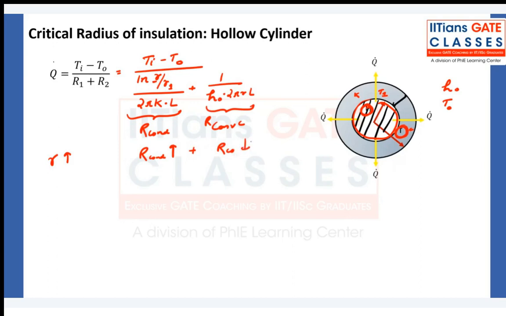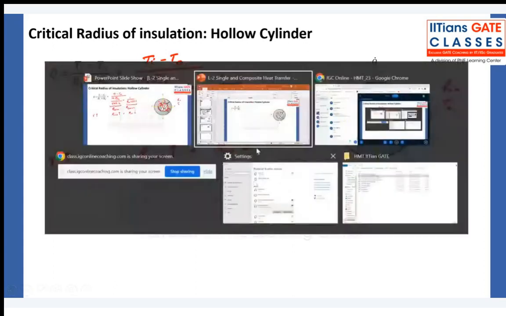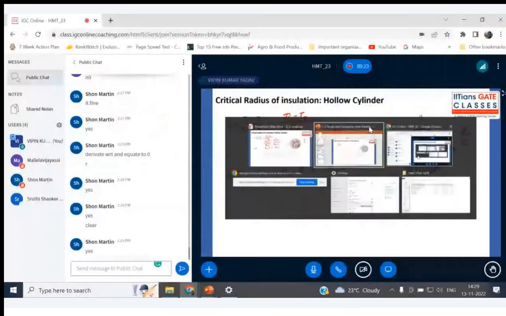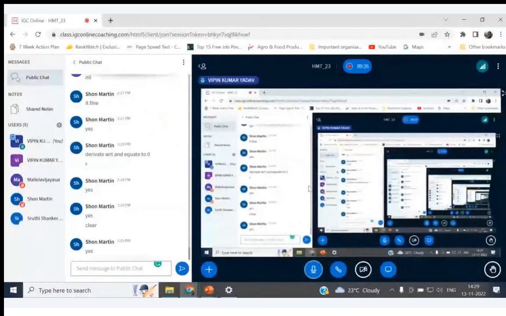I don't know what has happened. Just wait. Just 1 second, let me check here. Is my screen clear? Because I think I again lost the connectivity.